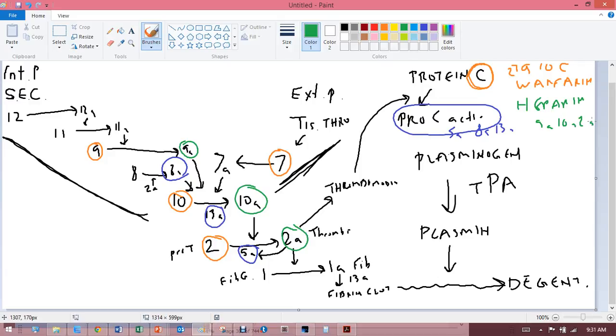Warfarin doesn't have any activated effects. Or you could think that people in war aren't active. I don't know. That doesn't work, but try to think of some way you can remember that. And then heparin takes its effect on only activated things, 9A, 10A, and 2A. And protein C also only takes its effect on activated things such as 5A, 8A, and 13A. And I hope that this helps you, and best of luck to you.